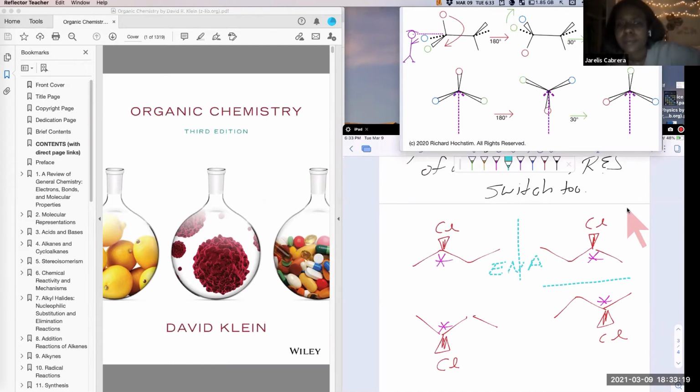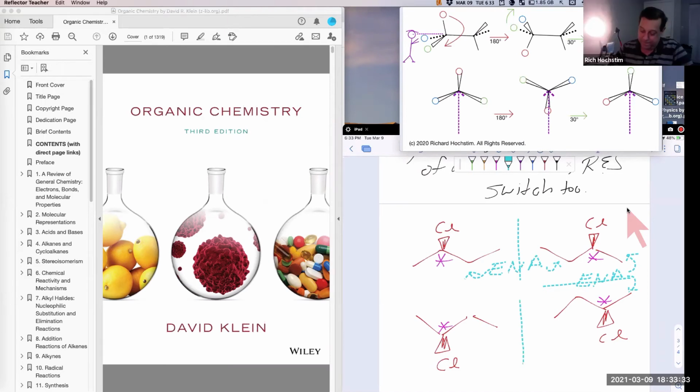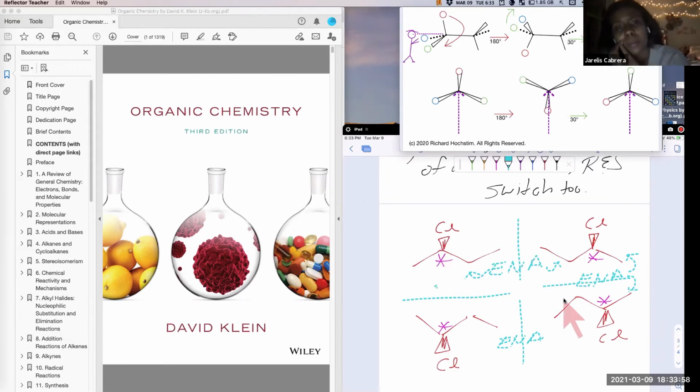Right. So these are enantiomers as well. How about these on the bottom? Yes, again, because you just flip it that way. And how about these? Yeah, you flip it up. Okay.